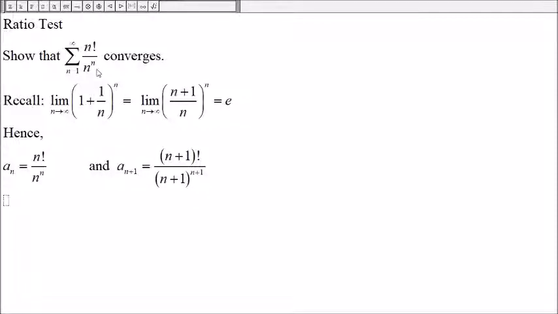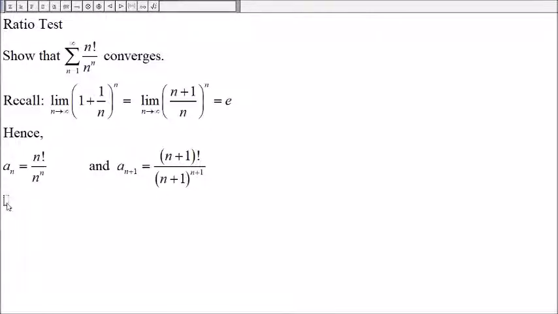But back to our problem, we want to show that this infinite series converges using the ratio test. So a sub n is n factorial divided by n to the n, and then a sub n plus 1, in the place of n we have n plus 1, so (n + 1) factorial divided by (n + 1) to the n plus 1.